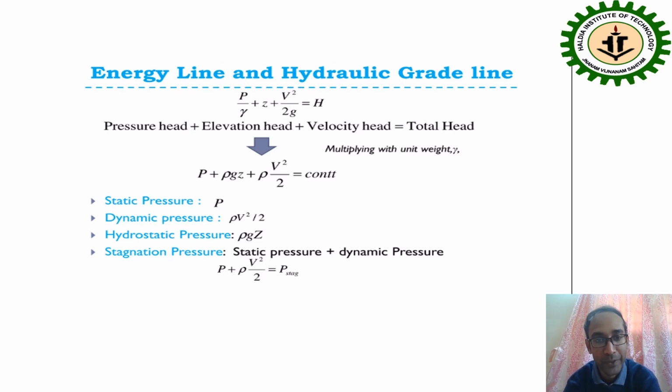Multiplying by gamma, it becomes P plus rho g z plus rho v square by 2 equals constant. Here P is the static pressure, the dynamic pressure is rho v square by 2, and the hydrostatic pressure is rho g z. Static pressure plus dynamic pressure is called the stagnation pressure, P stag, which equals P plus rho v square by 2.